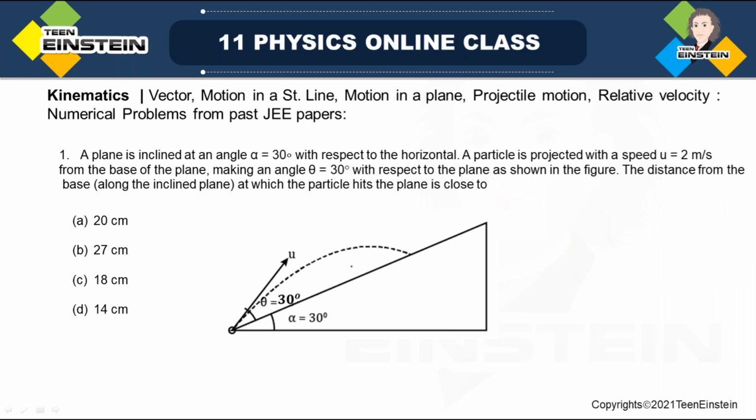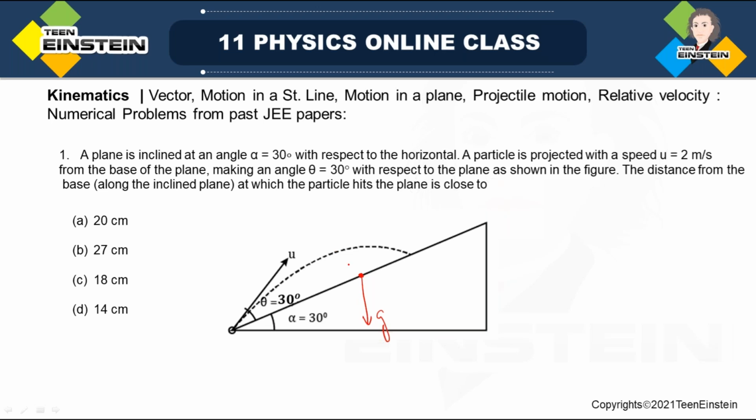We'll now try to understand how to solve this kind of problem when the projectile is thrown making an angle theta with an inclined plane, where the angle of inclination is alpha and theta is the angle with respect to the inclined plane. At any position on this inclined plane, g acts perpendicular to the horizontal.